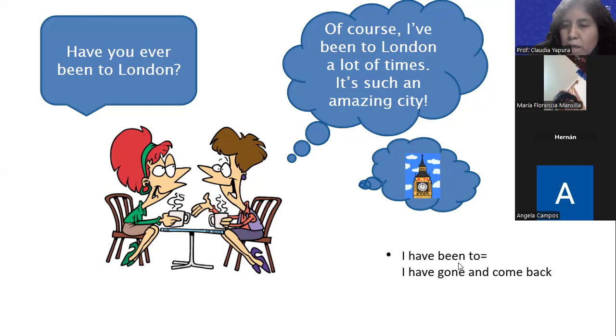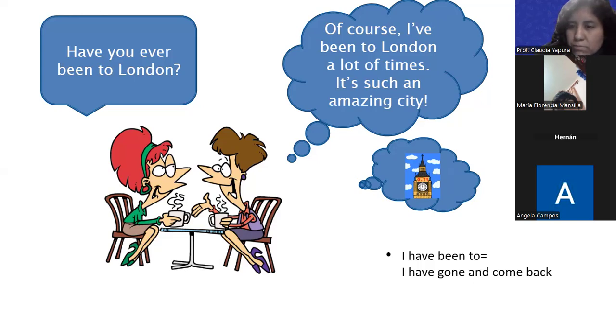And when you say I have been to, it means that you go to that place and come back to the place that you live in. Sometimes when you say I have gone, for example, my partner has gone to the supermarket, that means that he went to the supermarket and he's still there.